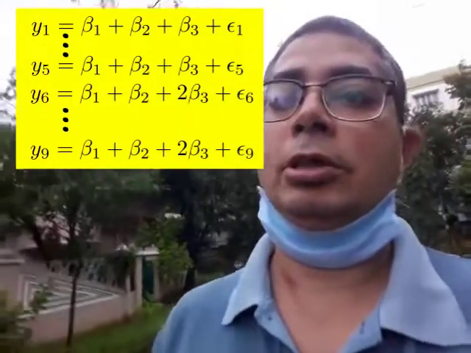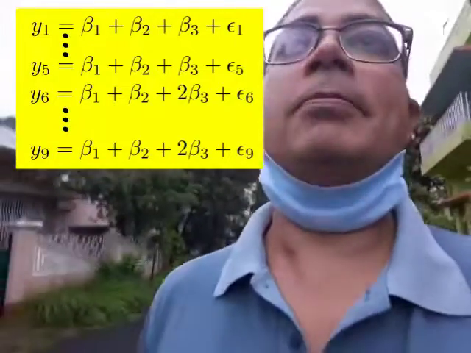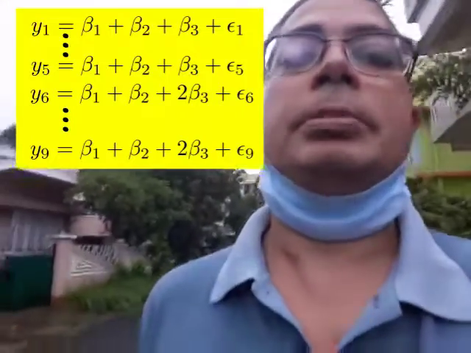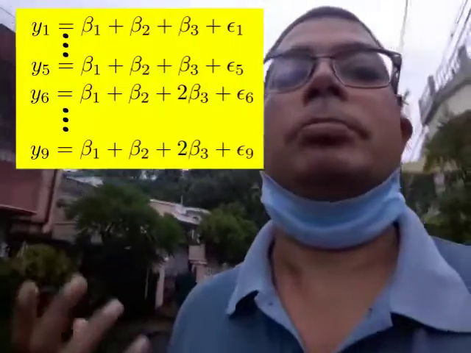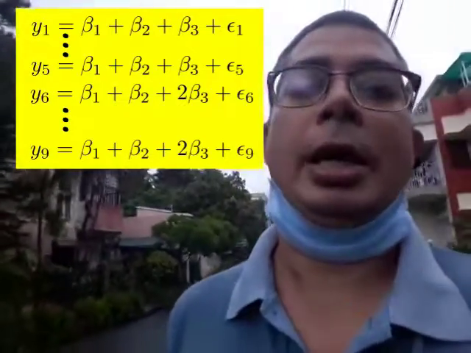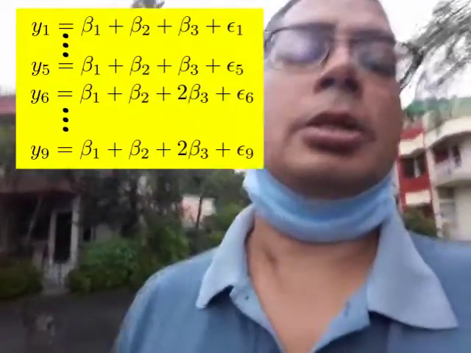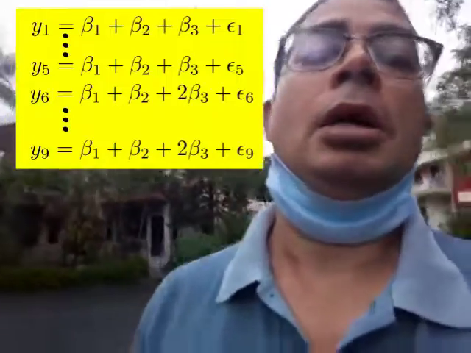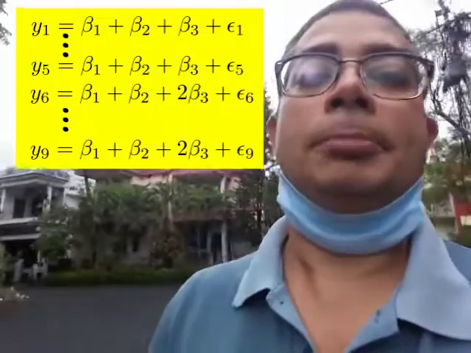The second one is the same, except that the error has changed, and in this way the first 5 lines all have beta 1 plus beta 2 plus beta 3. So we are measuring something which is beta 1 plus beta 2 plus beta 3, with some errors. The remaining lines, from line 6 to line 9, 4 lines, all have beta 1 plus beta 2 plus twice beta 3. And I assume the Gauss-Markov setup: the epsilon i's are all mean 0, uncorrelated, homoscedastic, etc.